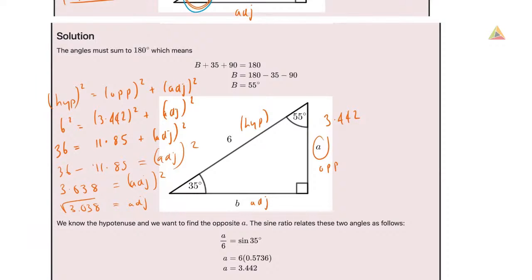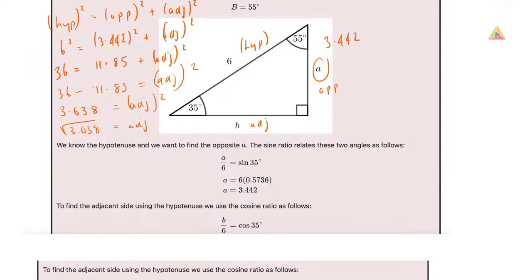Now I've just realized that I made a silly mistake on the calculator. I'm going to go back up two lines. 36 minus 11.85 is actually 24.15. It couldn't be 3 point something. So 24.15 is equal to the adjacent squared.